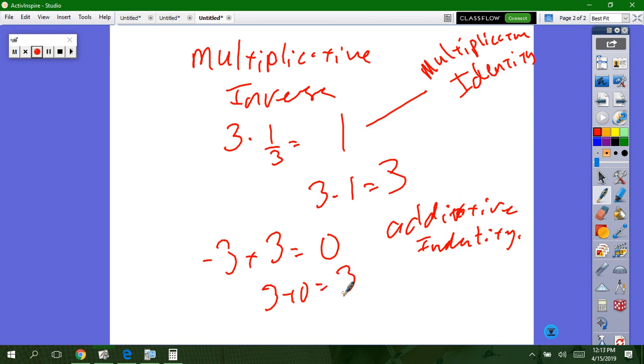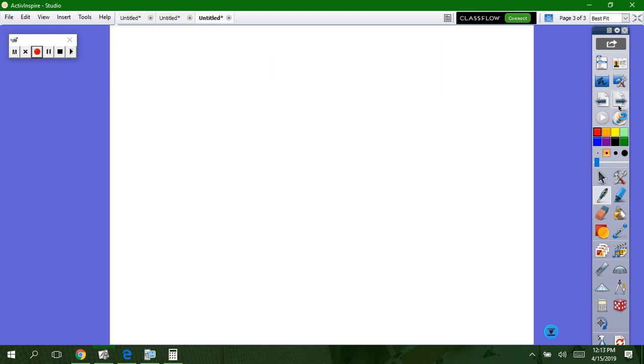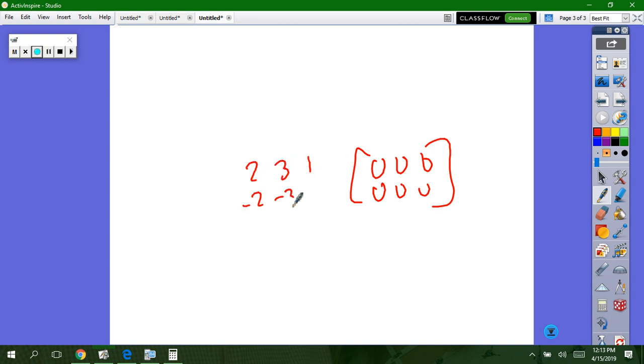So what I also have is a multiplicative identity and an additive identity for matrices. When I'm adding two matrices together, what do you guys think my additive matrix is? Just a bunch of zeros, right? However many zeros I use. For example, if the matrix was 2x3, for me to add that matrix over, I get the same matrix. Correct?